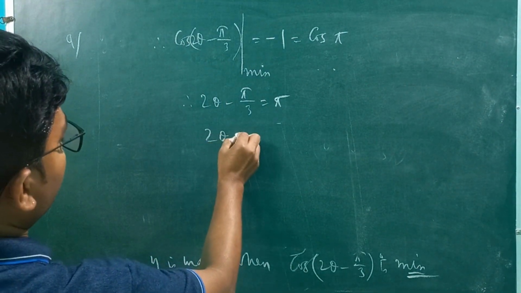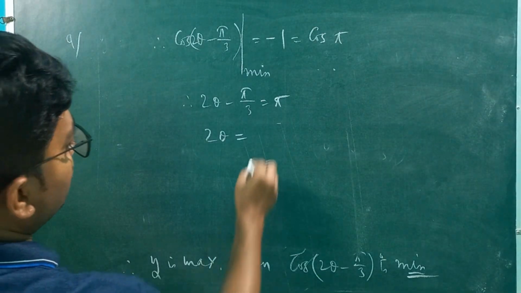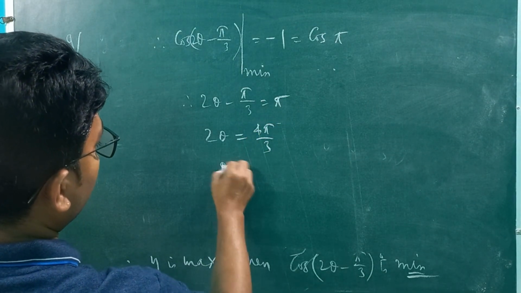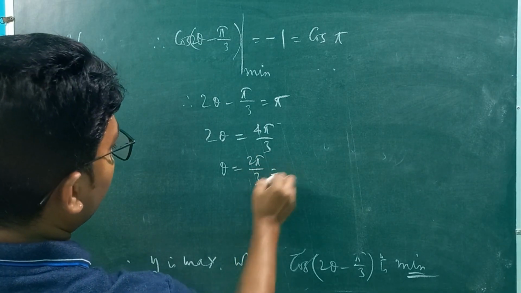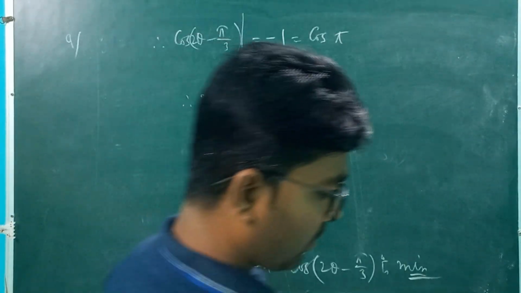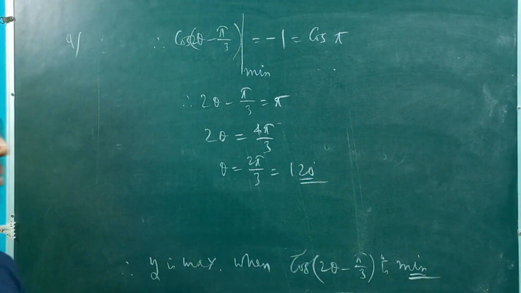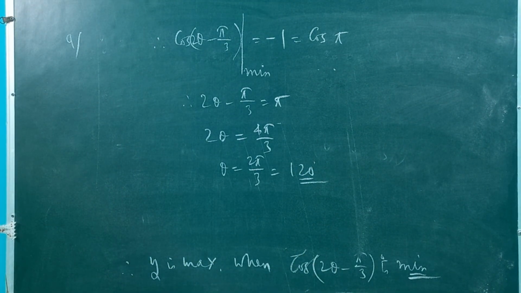So what you will get: 2 theta equals pi plus pi by 3, that is 4 pi by 3, and theta equals 2 pi by 3, that is 120 degrees. So y will be maximum when the value of theta is 2 pi by 3, that is 120 degrees. Then this y, our given expression, will be maximum. So, clear to everyone?